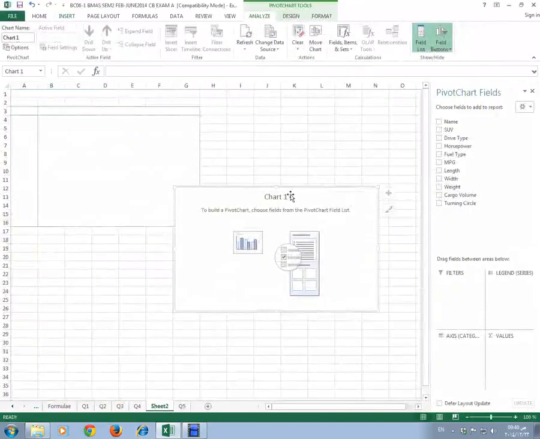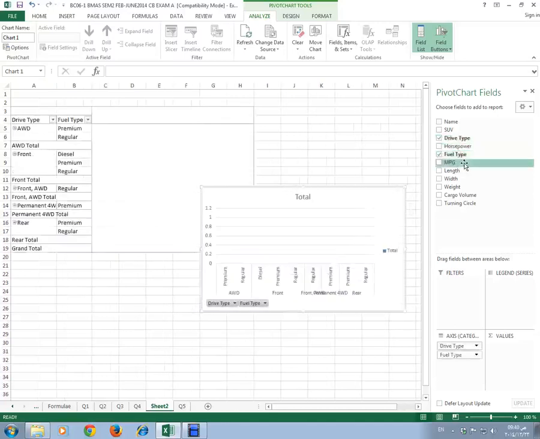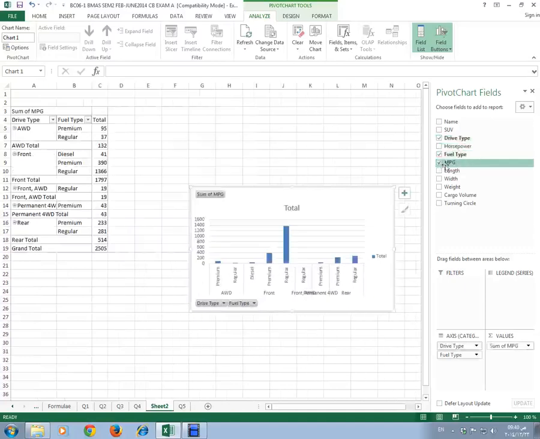Now here, this is a chart, this is a place for the table. What is required in the question is the drive type and the fuel type and MPG.